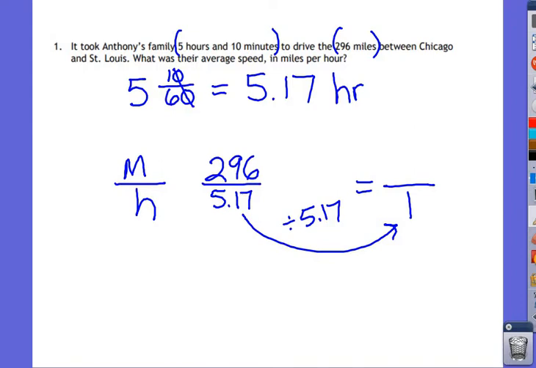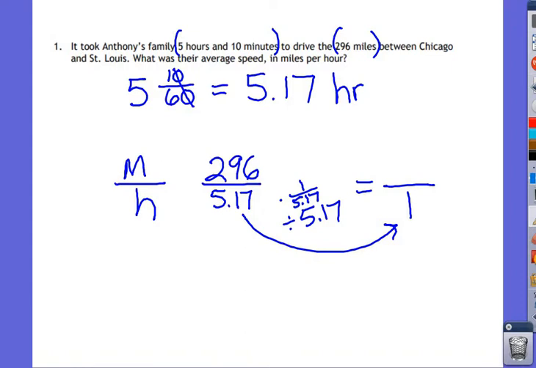Multiplying, because scale factor is multiply. So how do I multiply, but it means the same thing as divide? Make it a fraction. So I just put 1 over 5.17. Am I going to do that in my calculator? No, I'm actually going to write divide 5.17.